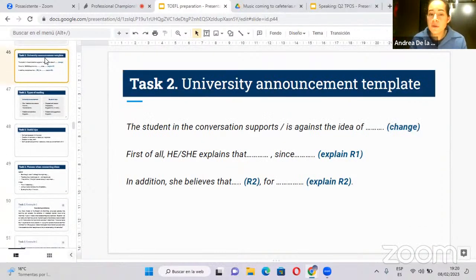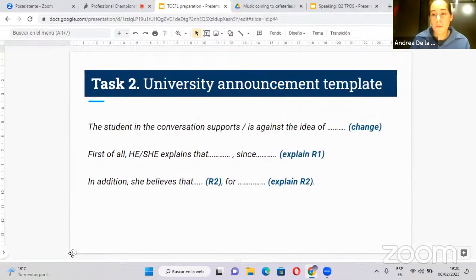And then one more thing that is going to be like a tip for everyone. You're going to notice this as we go, but every single speaking task is trying to make you use a certain tense. For example, task number 1 is usually so that you can use the simple present. Task number 2 is trying to get you to use the simple future.